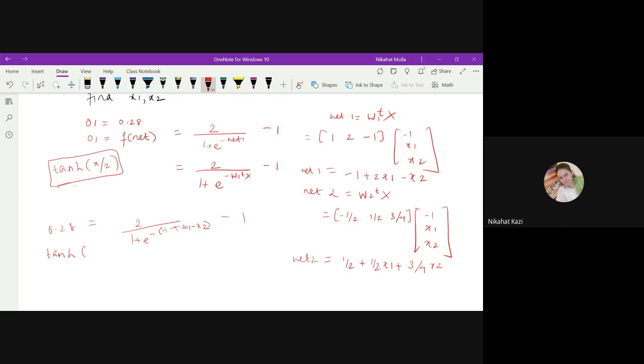This x here will be W1 transpose X, which is net1. Let me write this as net/2. So tan h of net1/2 is equal to 0.28. Can I write it in this fashion?